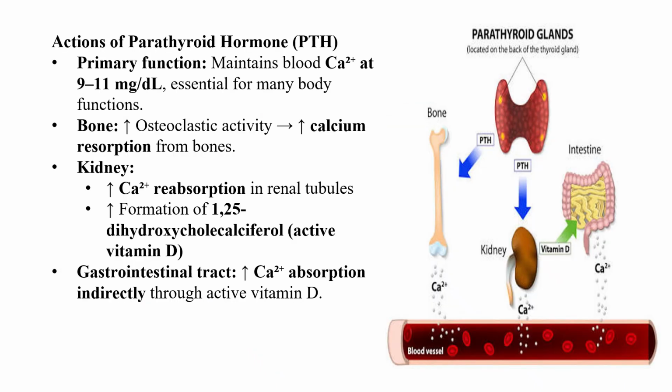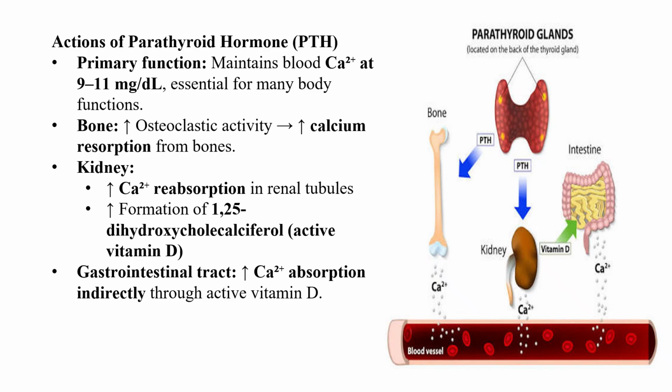The primary function of parathyroid hormone is to maintain blood calcium levels. The presentation gives the normal blood calcium range as approximately 9 to 11 milligrams per deciliter.